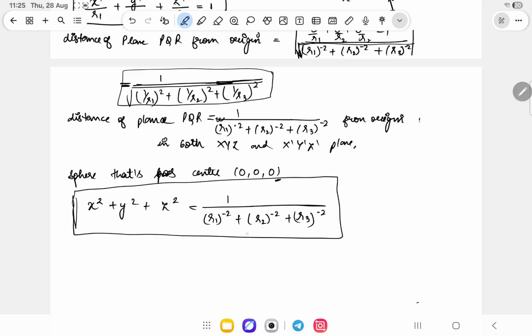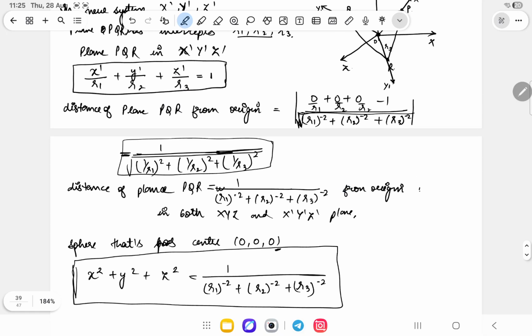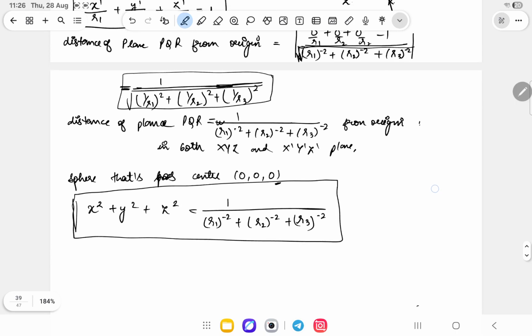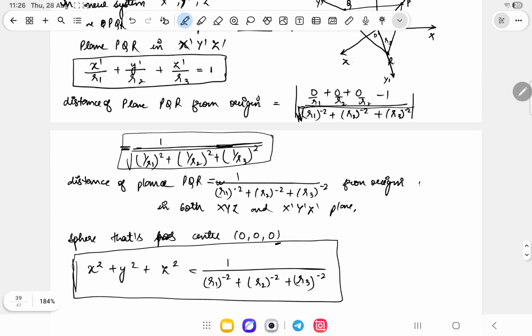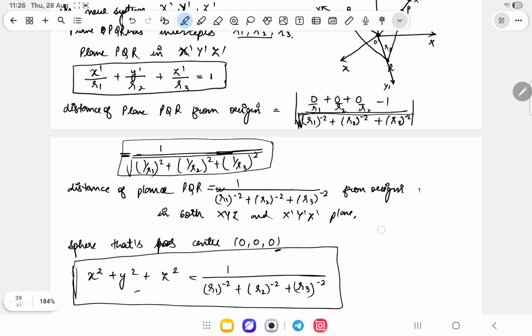So this will be my equation of sphere which has the origin as center and this as radius. Since this is the radius of the sphere and the distance between origin and the plane is the same, with origin acting as center of this sphere, this plane is a tangent plane to this sphere.